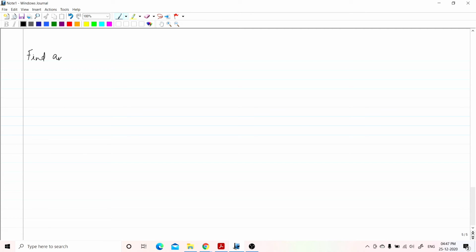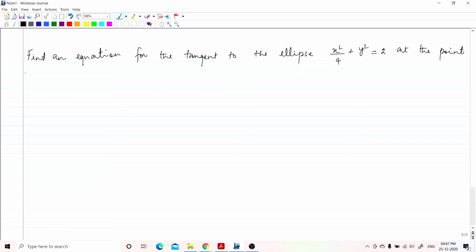Find an equation for the tangent to the ellipse x square upon 4 plus y square equals 2 at the point minus 2 comma 1. Okay, let us start our solution.